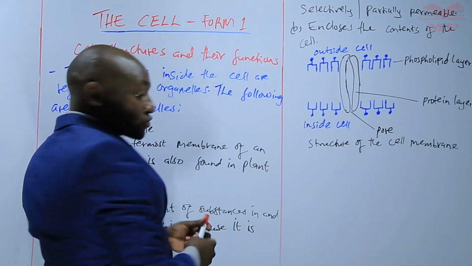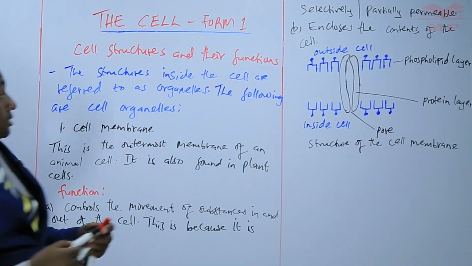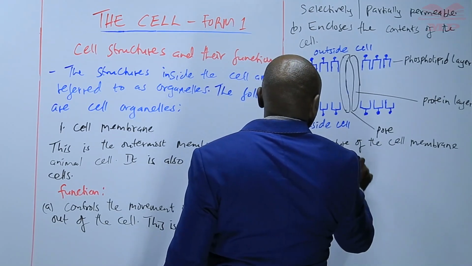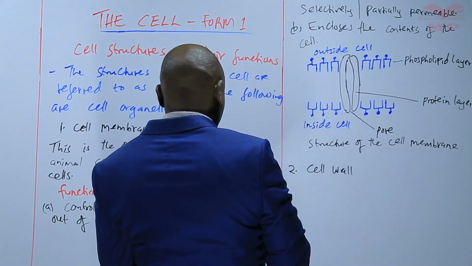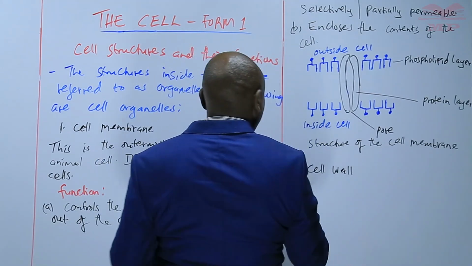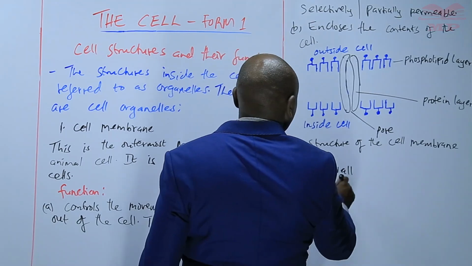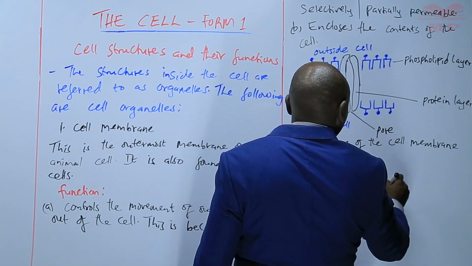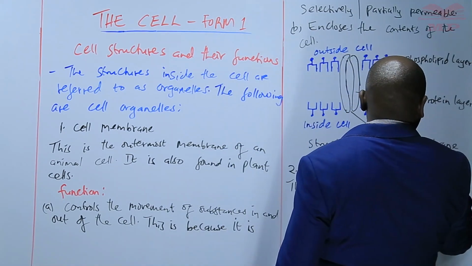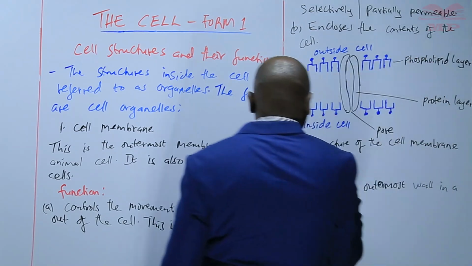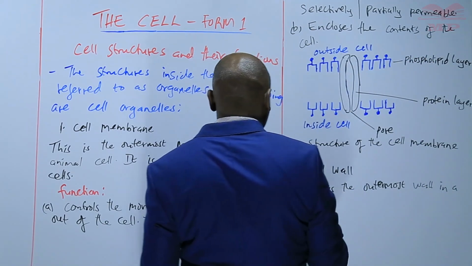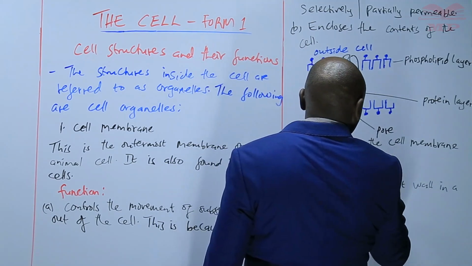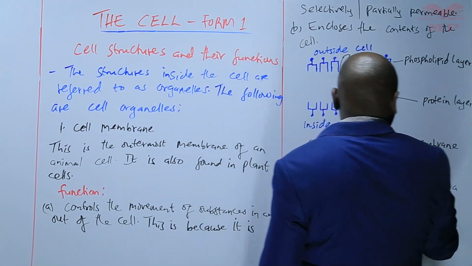The next structure that we'll study is the cell wall. And we can say that this is the outermost wall in a plant cell. It is absent in animal cells.